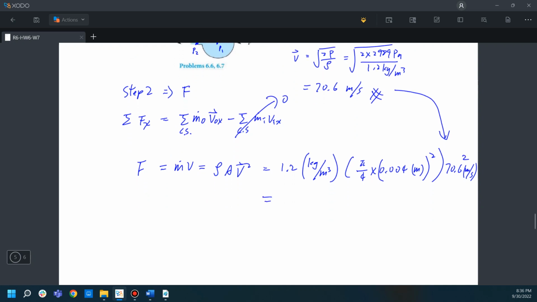Then the number is equal to 0.0751 Newton.